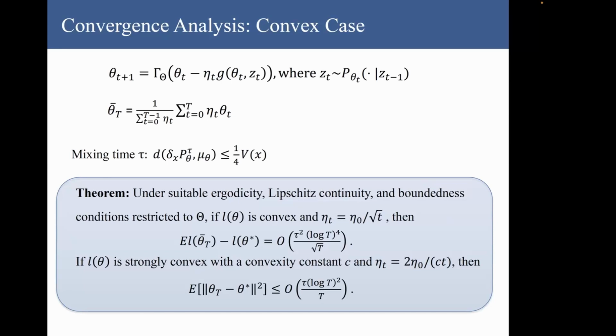Yeah, so I don't have a good understanding of the in-between rate. I carefully tune the step size to achieve the best convergence I can here. So it's not as general as what Polyak-Ruppert averaging is able to say.